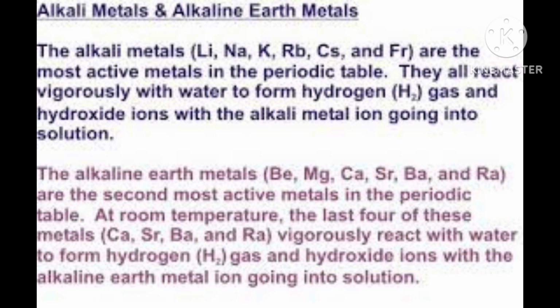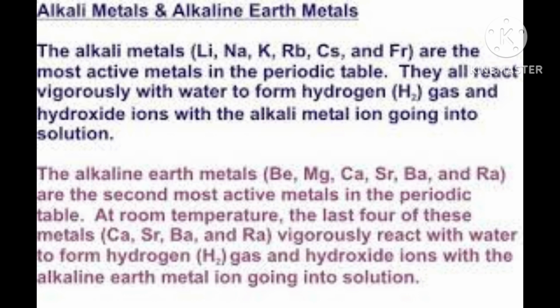Then barium, its atomic number is 56. It is written as first the xenon noble gas configuration, and in the end 6s square. And radium, atomic number 88, a radioactive element.